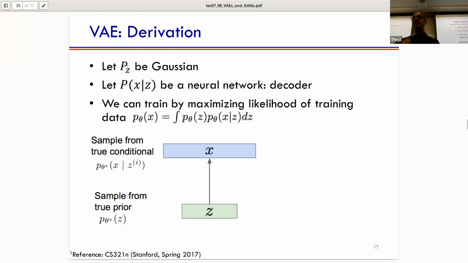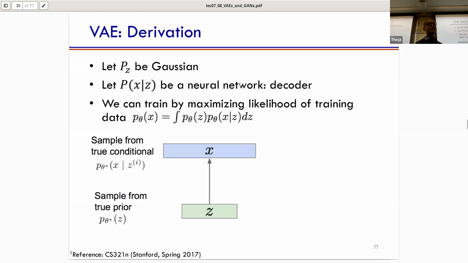One is that P of Z is Gaussian. The second is that the conditional probability of X given Z is just a neural network. Given these two, I can write the data likelihood, which is what P of X is, because X's are what I see. You need to integrate out Z, where P of Z we are assuming is Gaussian and the other one is a neural network.